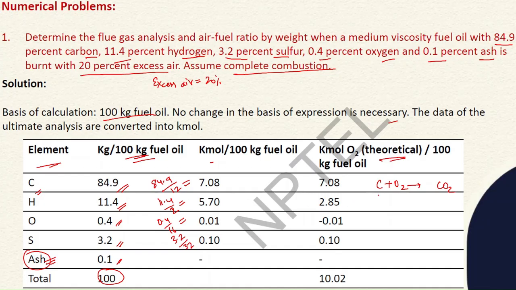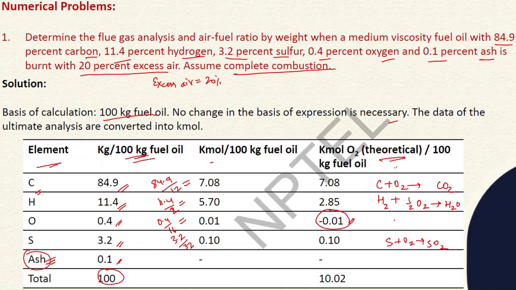Then hydrogen gives H2O. Oxygen is not involved in the combustion, but it is subtracted because it contributes to the combustion; it is not consuming oxygen, but contributing. Then sulfur combustion is S plus O2 gives SO2.